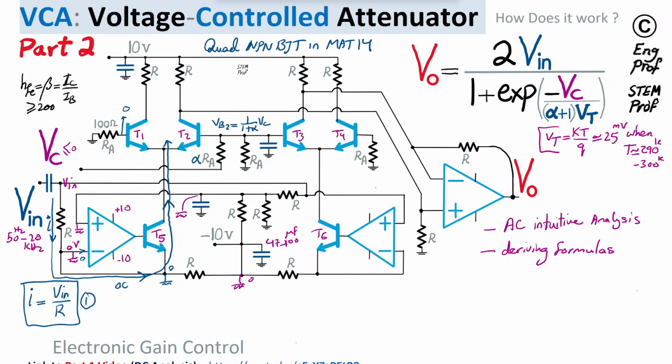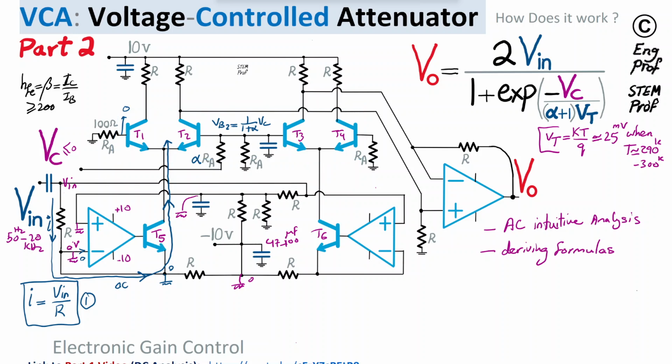There are equivalent products available that can be purchased from, say, DigiKey or Mouser, but this is one of the best. So it's important that we make sure these four are matched BJT transistors.